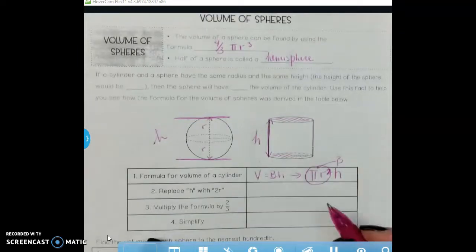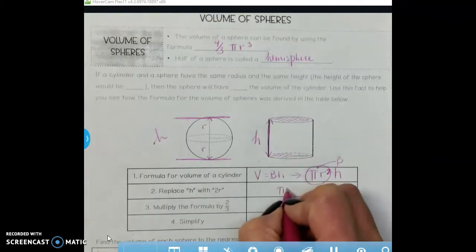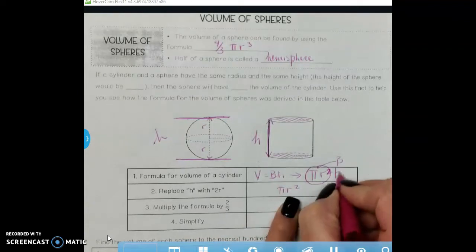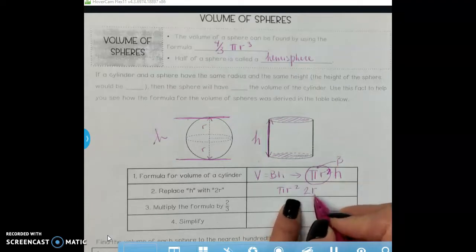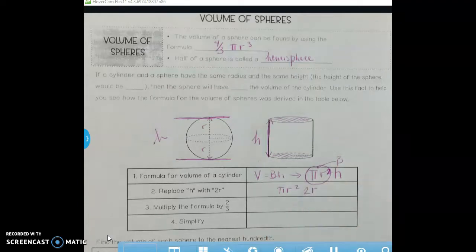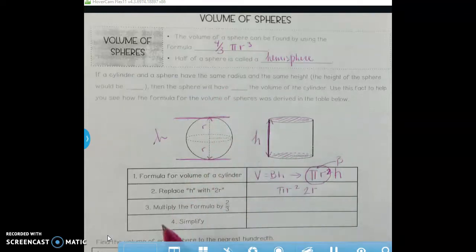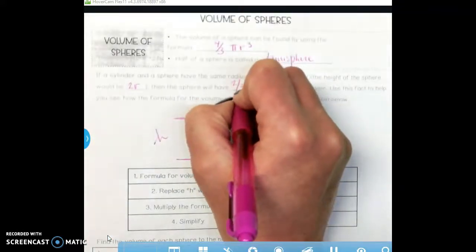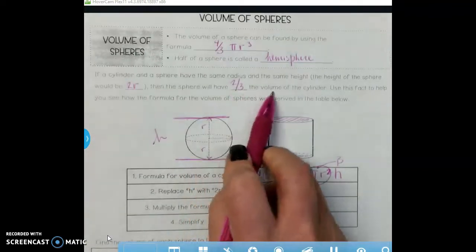But in our formula, we now see pi r squared times, instead of height, 2r, because that's the representative of the height. The relationship between a cylinder and a sphere that have the same measurements always has the value of 2/3. So the sphere has 2/3 of the volume of the cylinder.